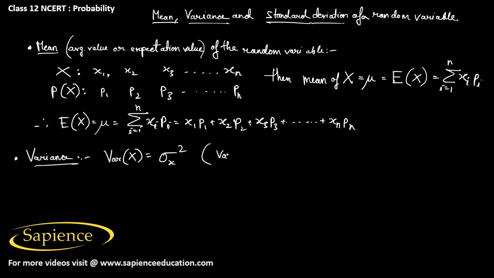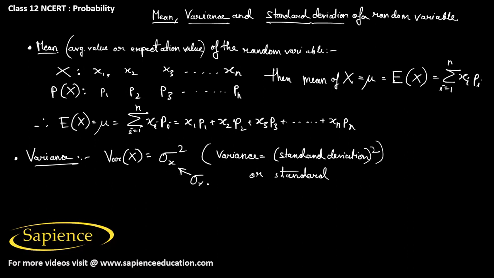It means variance is the square of the standard deviation. Or we can say that sigma x is the standard deviation of the random variable x. So the standard deviation can also be written as the square root of the variance.